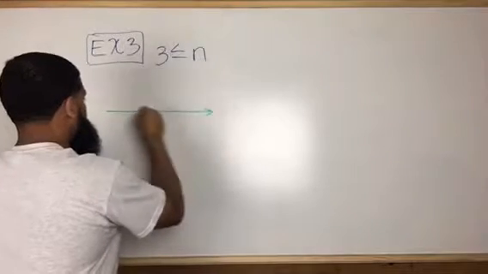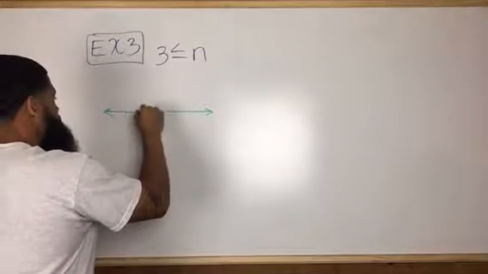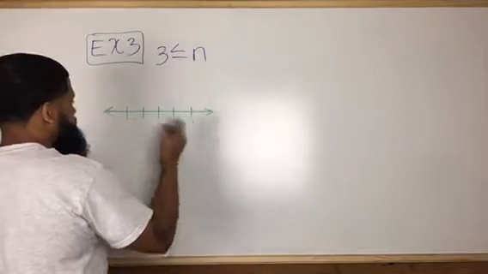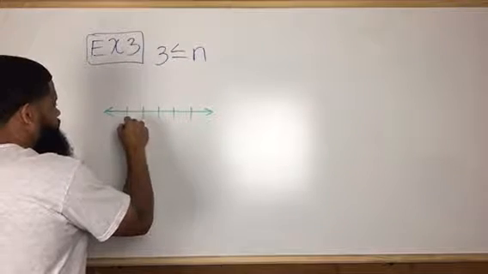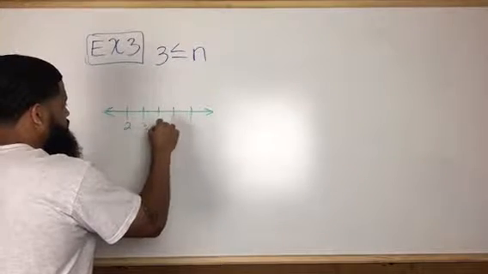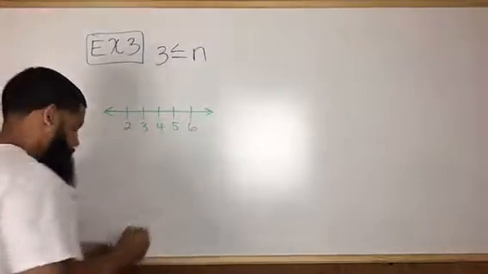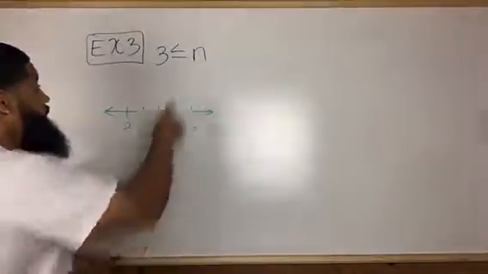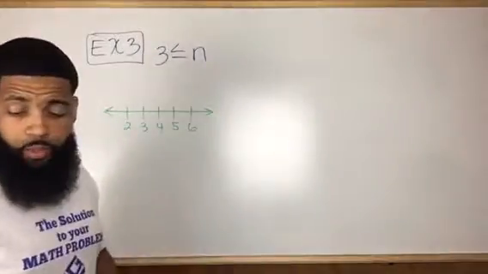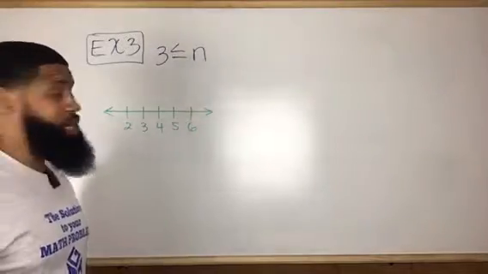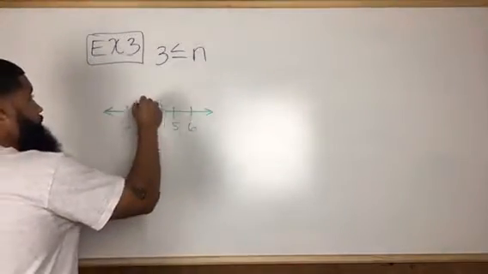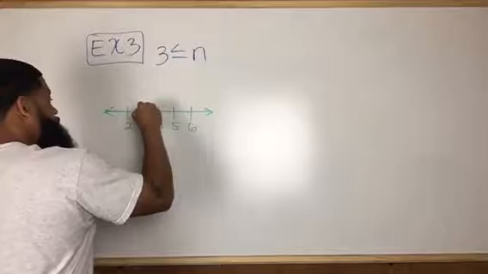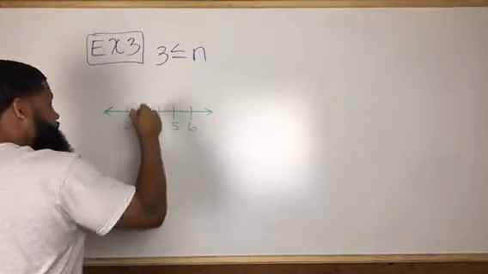I want to put some numbers, and I want to put the number 3 on there. So let's say, all right. Now, in this case, I have less than or equal to, so that means I'm going to have to actually have a closed circle because the number 3 is included in the solution.